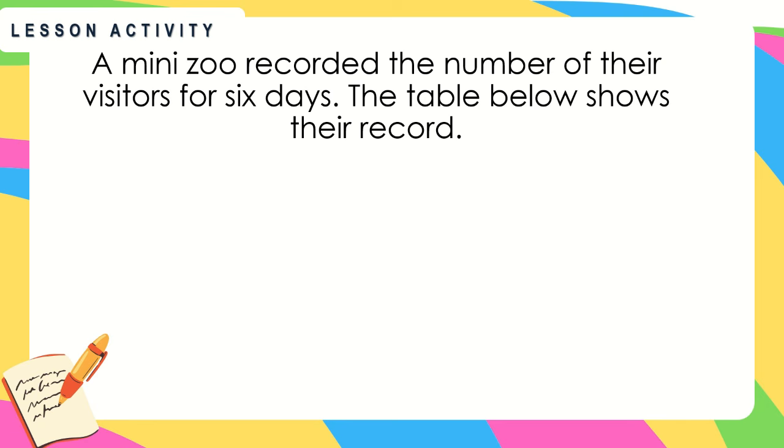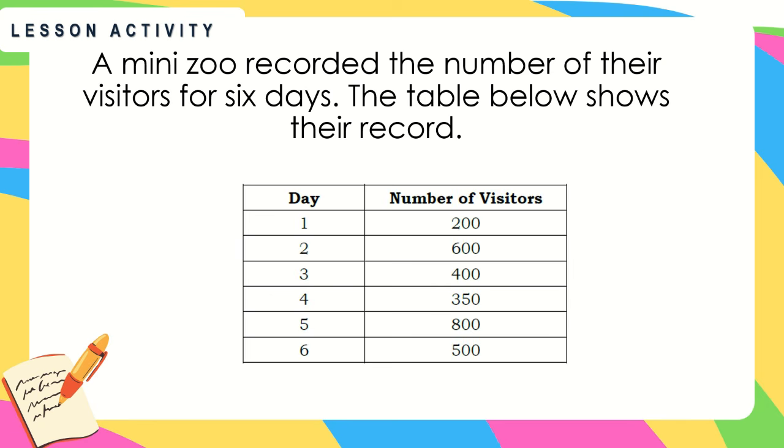The table below shows their record. For day 1, they have 200 visitors. Day 2, 600 visitors. Day 3, 400 visitors. Day 4, 350 visitors. Day 5, 800 visitors. Day 6, 500 visitors.